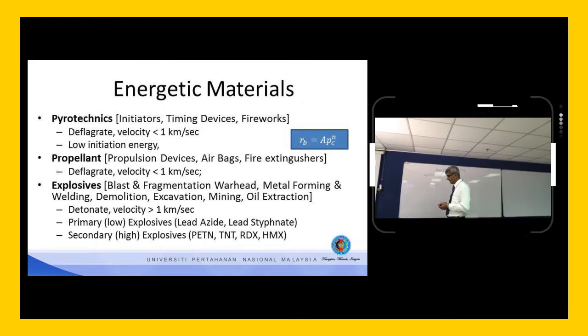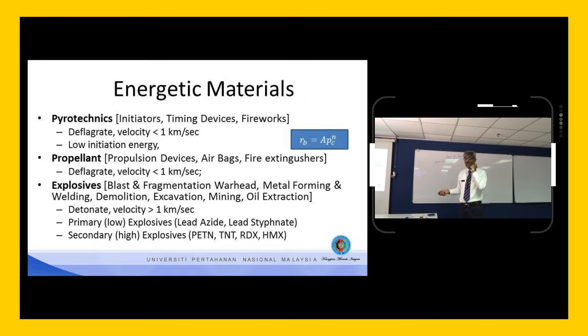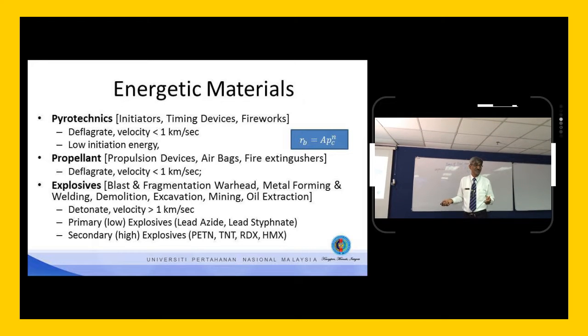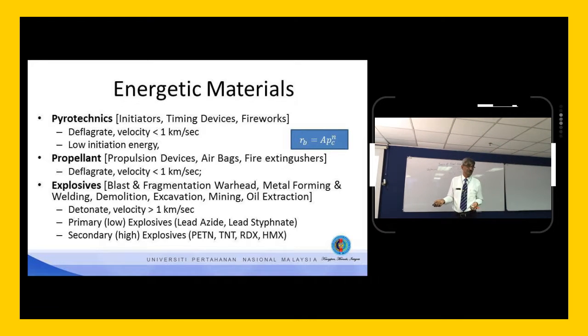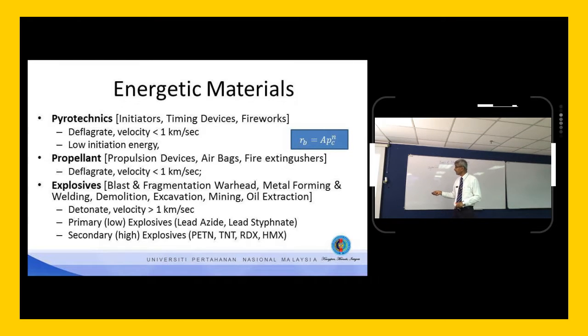Now, these were the very first compositions which were produced, but later when polymers came into industry, different kinds of plastics, polymers which you can cure, then these polymers were added to RDX, to HMX.